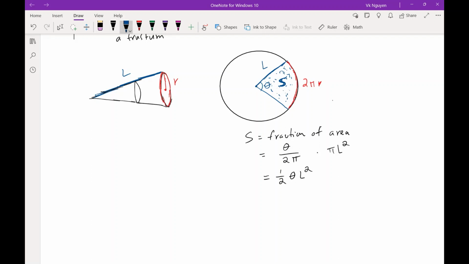To do that, we can use the fact that the arc length of a circle is a fraction of the circumference.